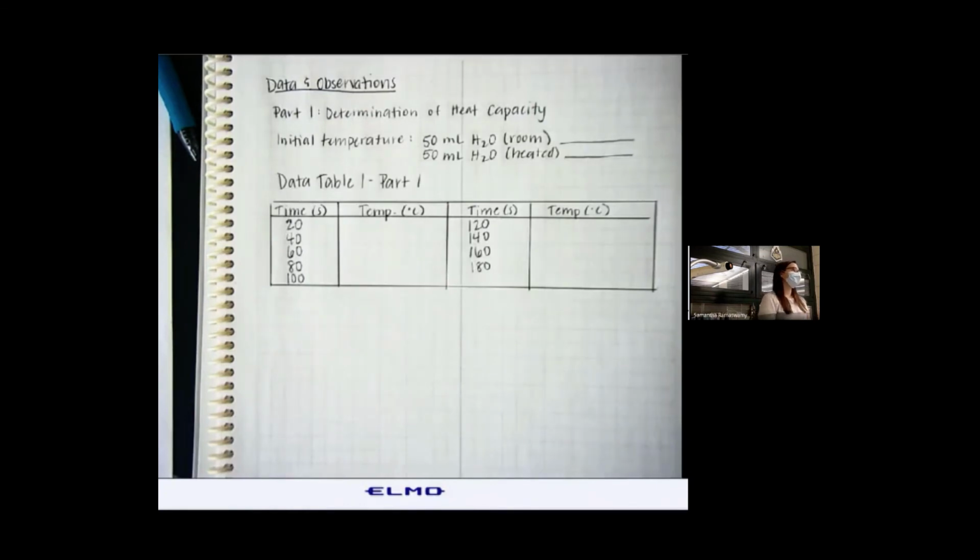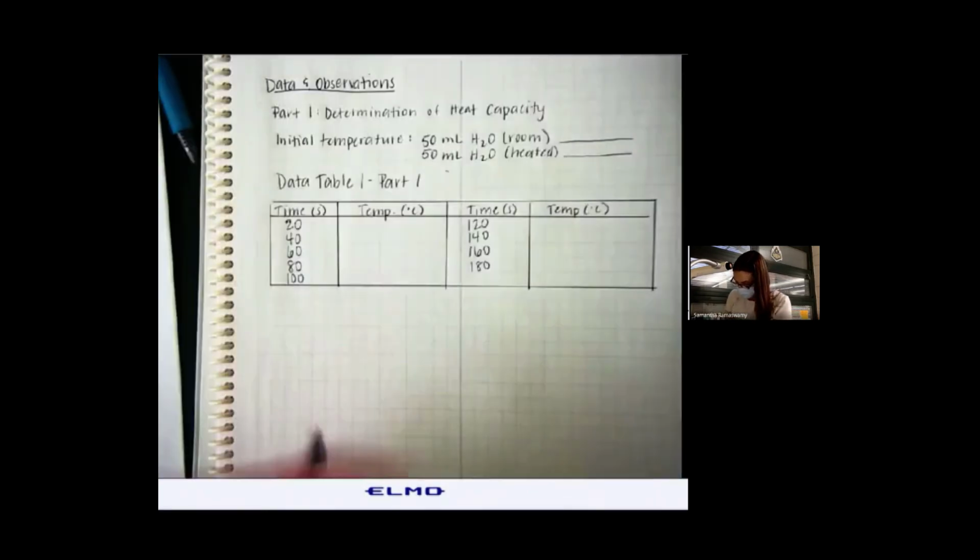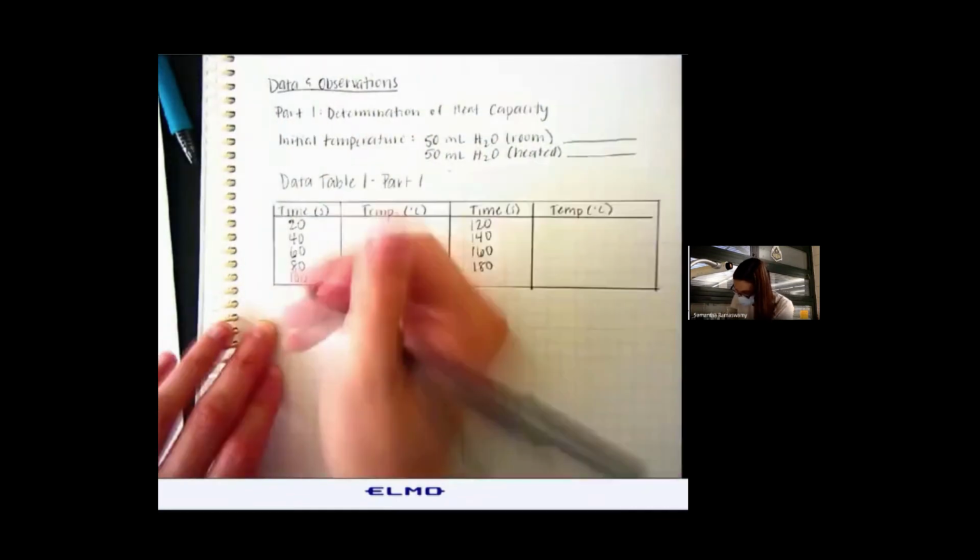It's the calculations that are the most important for this lab. The specific heat of a metal lab was the better one to do in person, and unfortunately we didn't get to. So there's data table 1, part 1. And if you notice underneath the data table, we have 2 temperatures, Q and C. So I'm going to just list them straight across.